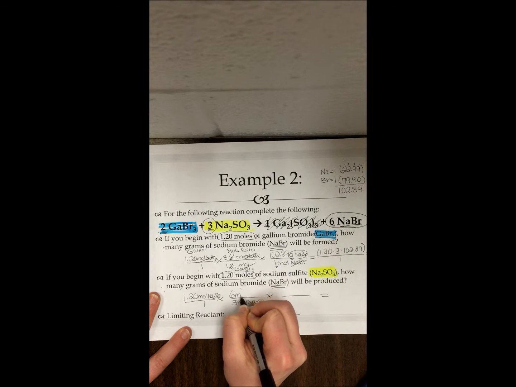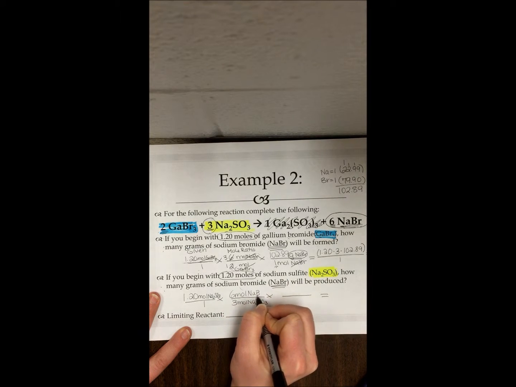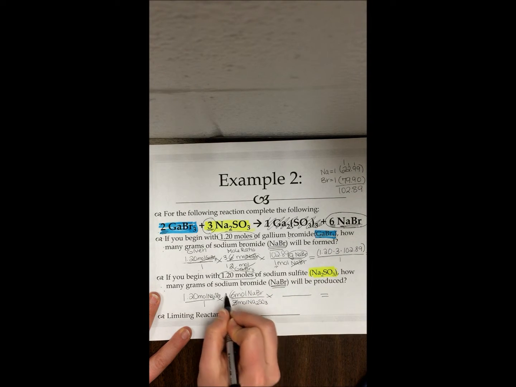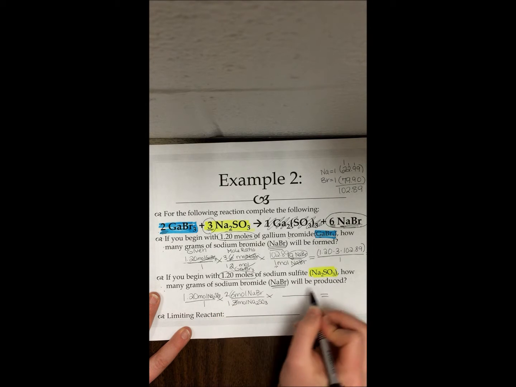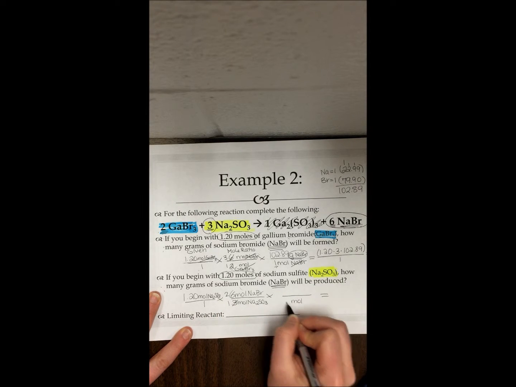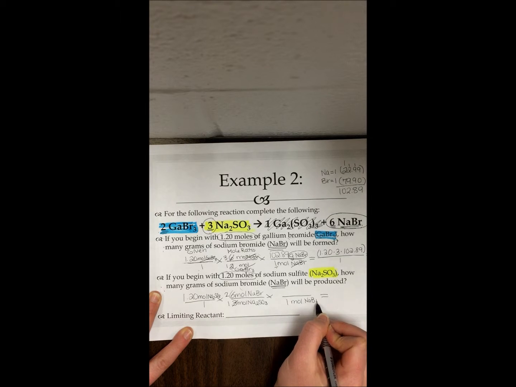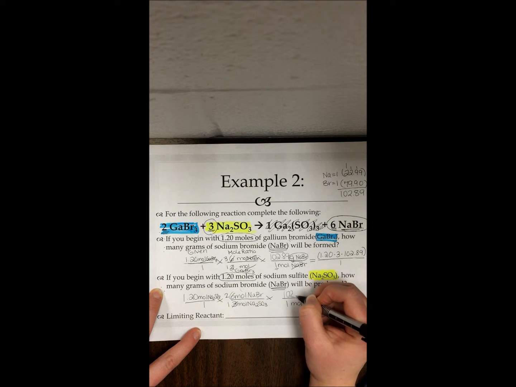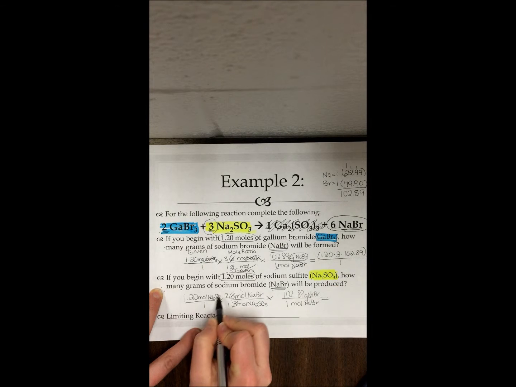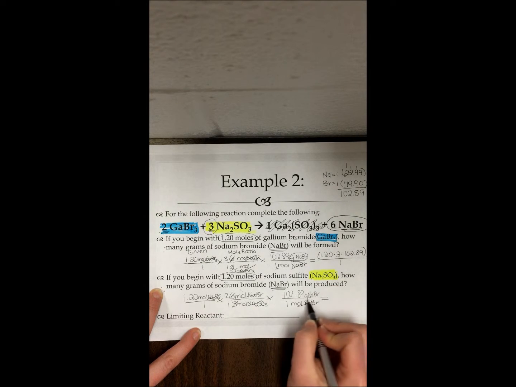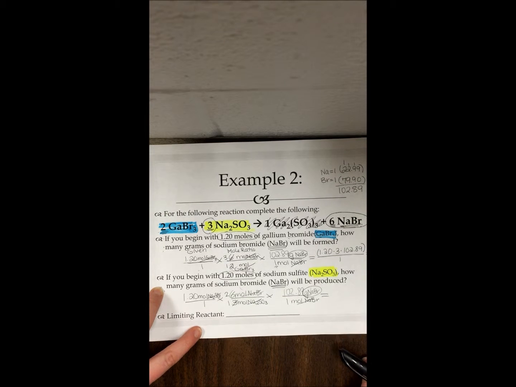So we're going to have 6 moles of NaBr. We can simplify it if we would like to. And then we're going to need 1 mole of NaBr on the bottom per that 102.89 that we've already calculated. Make sure that your units cancel out.